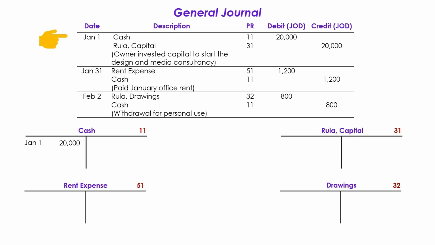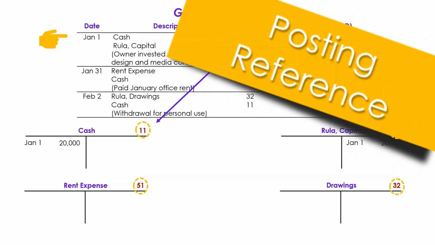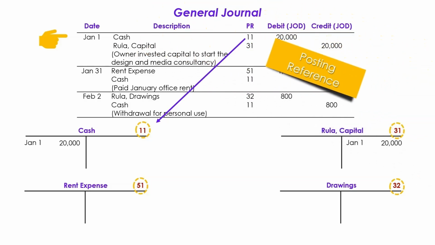Then we go to the capital ledger and post 20,000 dinars on the credit side, also dated January 1st. Notice the reference numbers. The 11 from the ledger is placed in the journal and vice versa. This is called the posting reference (PR), and it helps us track where the information came from and where it went. It's a neat way to keep everything connected and traceable.